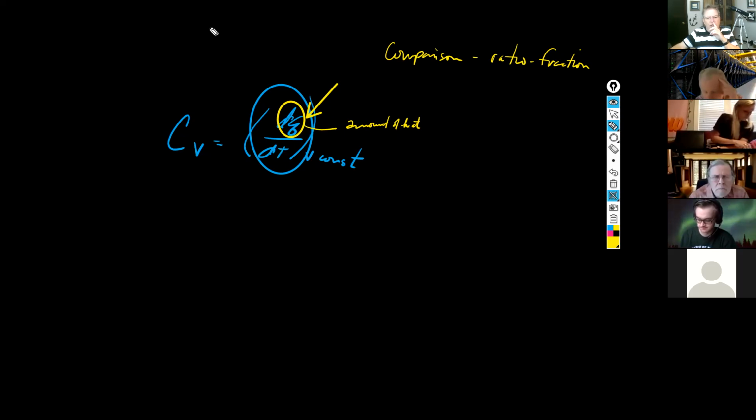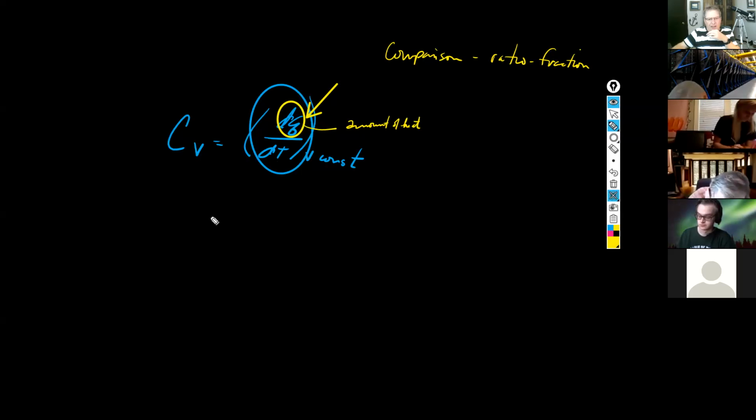Yeah, you could think of it as this, but the way that I want you to perceive what this fraction is: what is the ratio of the amount of heat to the observed temperature change?